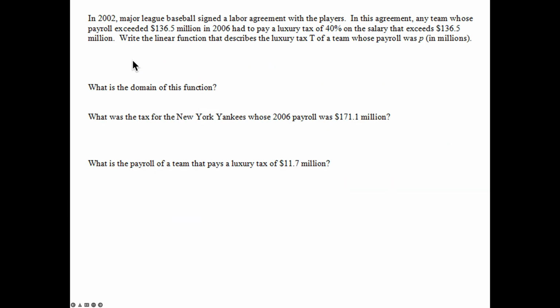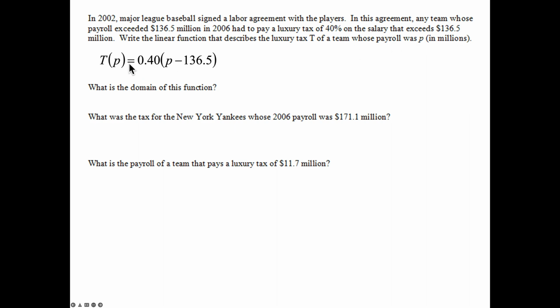All right, next example. In 2002, Major League Baseball signed a labor agreement with the players. In this agreement, any team whose payroll exceeded $136.5 million in 2006 had to pay a luxury tax of 40% on any salary that exceeded $136.5 million. So that was the salary cap at the time. Write the linear function that describes the luxury tax, capital T, of a team whose payroll was P in millions of dollars.